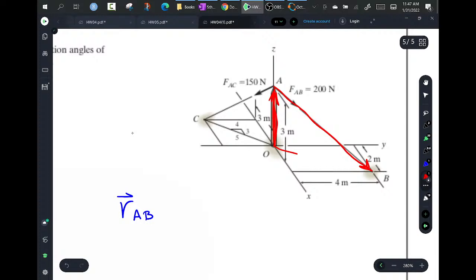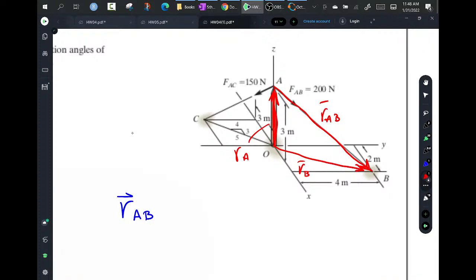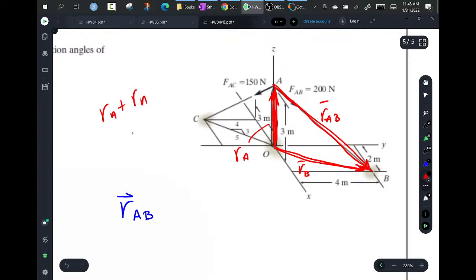That vector. The way I've written it, this one is R A to B. This one is R B. This is R A. So this equation should read, if I go out here first and then down here, I get the same direction as if I go here. So that means RA plus RAB equals RB.